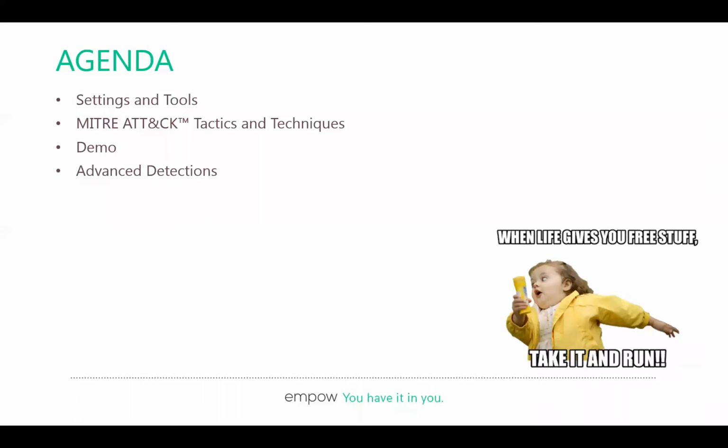I'm going to walk you through all these different open source tools that we use to build this environment, and tell you a little bit about how we're going to use it to perform the threat hunting. Next, I'm going to tell you about tactics and techniques.